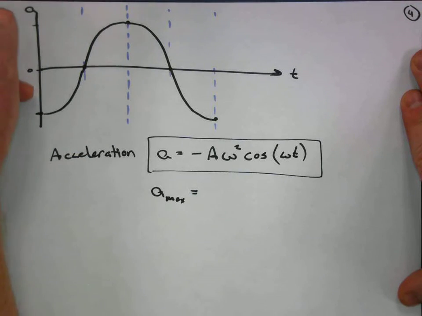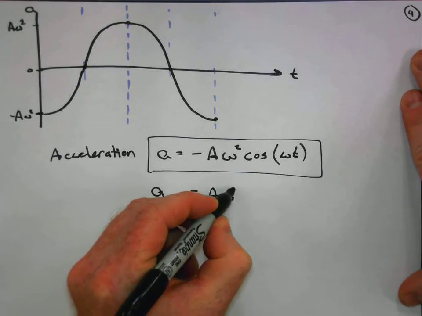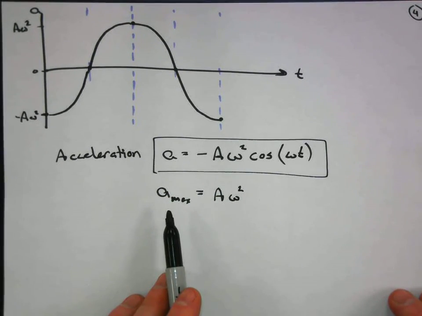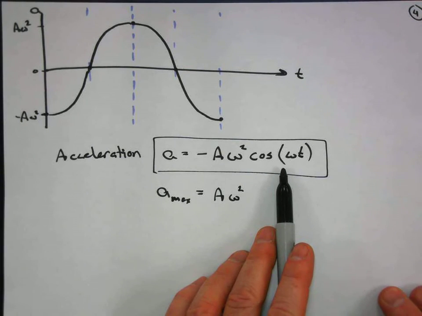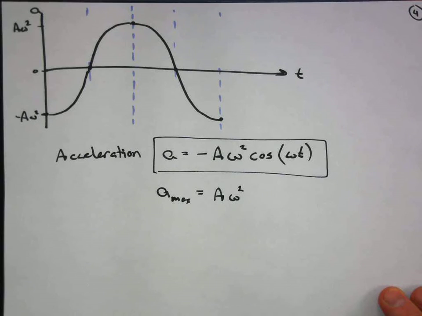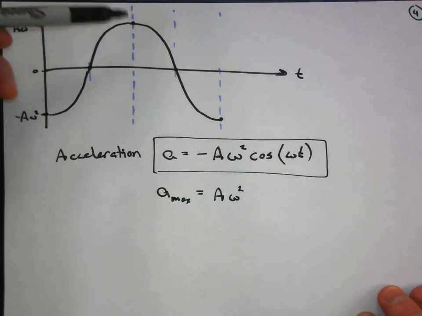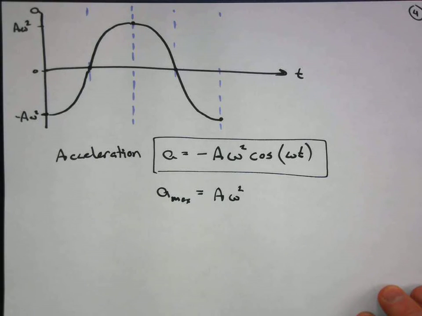And so I should mark these here. There and negative there. Okay. So if you wanted to know the greatest amount of acceleration, it would be wherever this whole cosine term of the equation goes to 1. And we're going to see maximum acceleration at half the period, at full period, and so on.